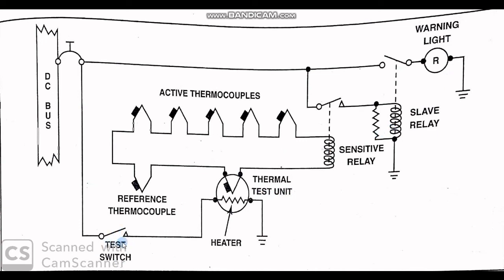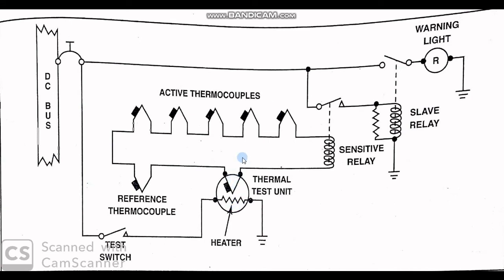The test switch, which you will find in the cockpit, when the pilot switches it, gives a signal or current that goes to the heater, and this heater will produce the temperature that the thermocouple will sense.